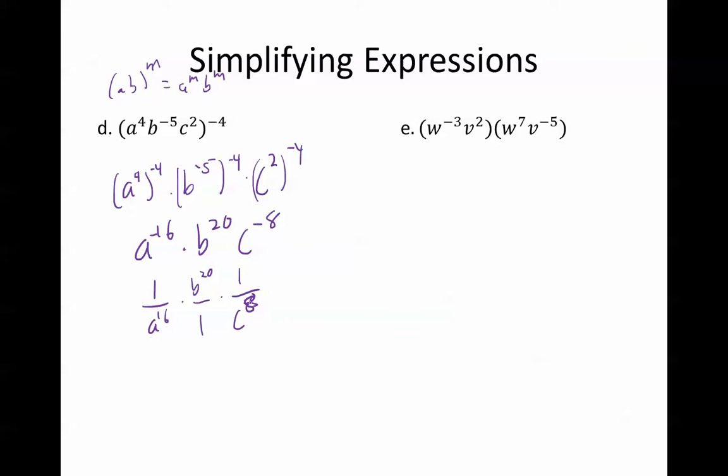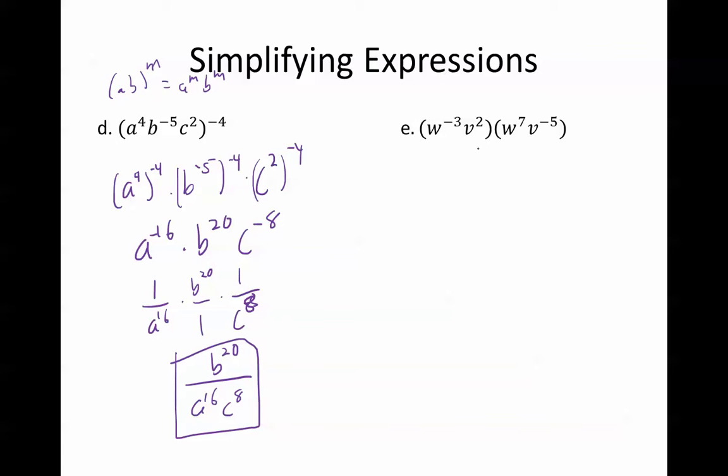So final answer here, when I multiply these together, is b to the 20th, because that's 1 times b to the 20th times 1, over a to the 16th, c to the 8th. Notice how all the negatives do is move that into the denominator. They just moved it down. All right.